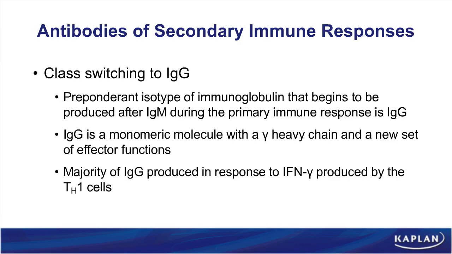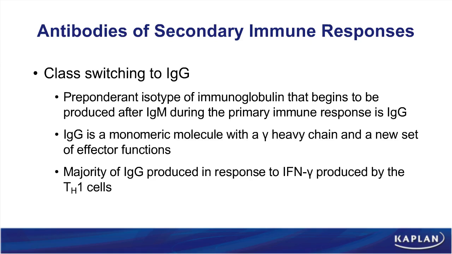As IgM is doing an incredible job soaking up all that excess antigen and initiating the classical complement pathway, the B cells that have remained in the germinal center are taking the time to undergo class switching. Now, remember, a class switch is going to be dependent upon the cytokines that are produced with respect to a pathogen.